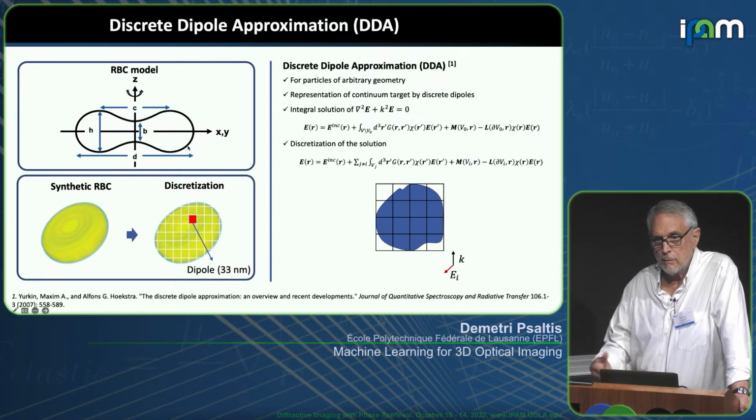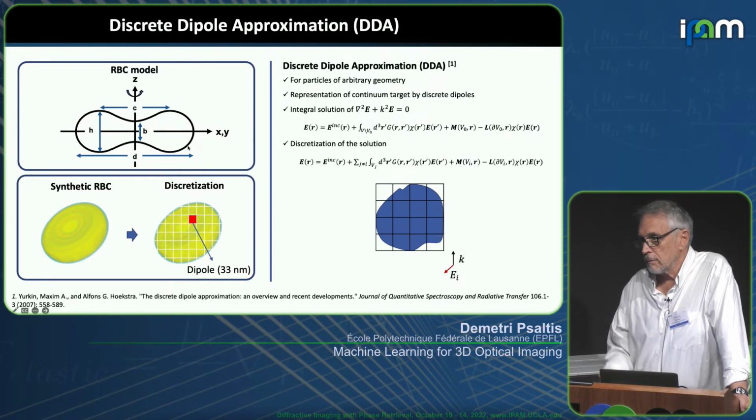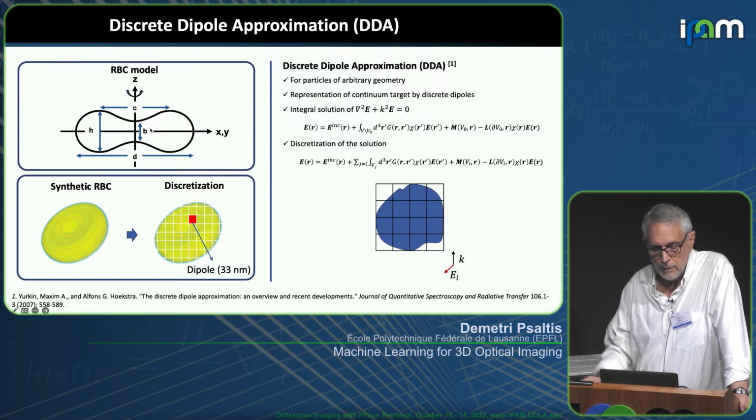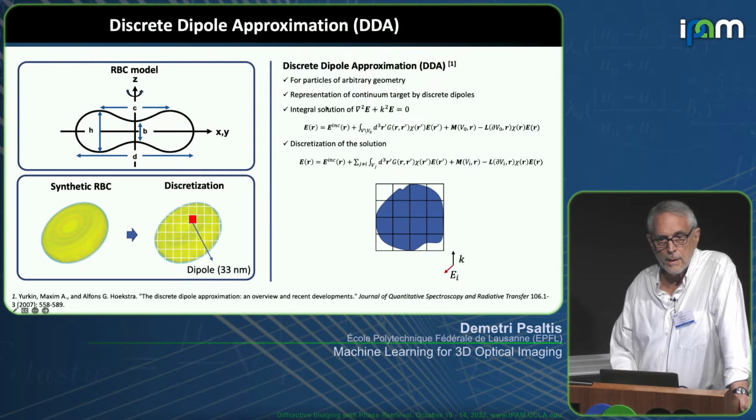So you can create a large database by having different parameters for the shape of the red blood cell. And then use some method for going from index to field, for example, discrete dipole approximation or COMSOL or something like this. And then you can create a database of what the scattered field would look like under different illumination conditions. And that becomes the database.